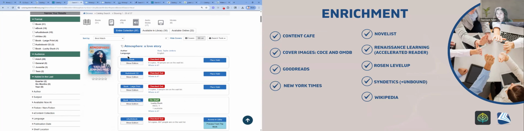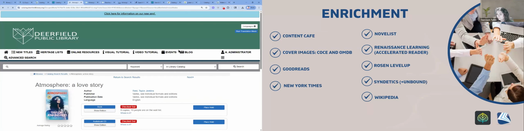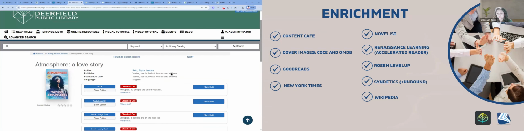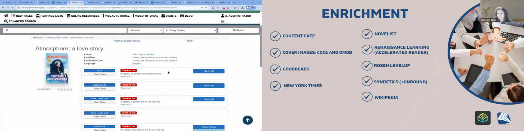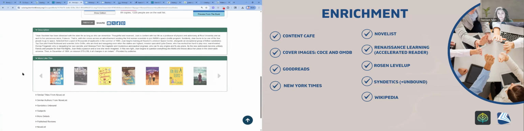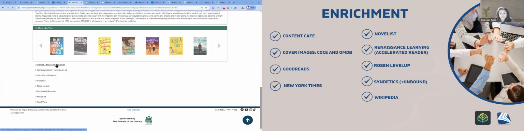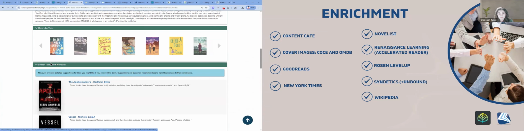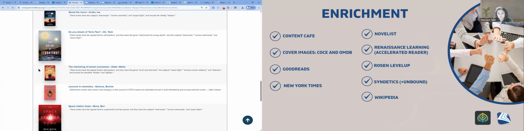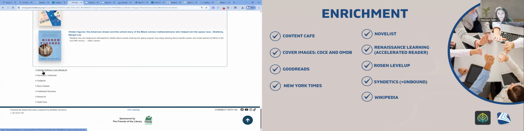So right here, I have a search for Atmosphere by Taylor Jenkins Reid. Again, we see the availability of copies, which ones are on shelf, which ones are checked out, that are getting updated in real time. But if I were to click into this grouped work or record, I will see that in the first example, I have the ability to see similar titles from Novelist, similar authors.